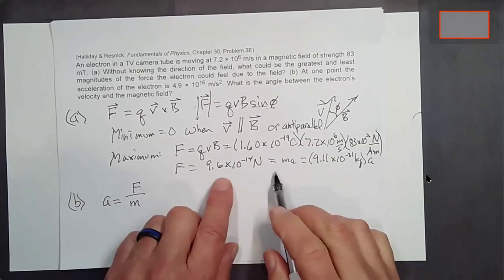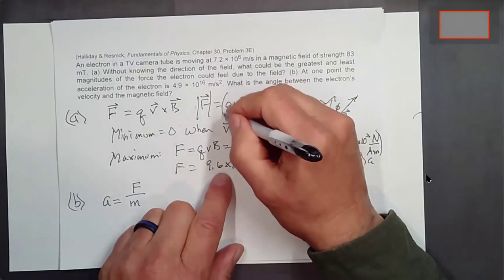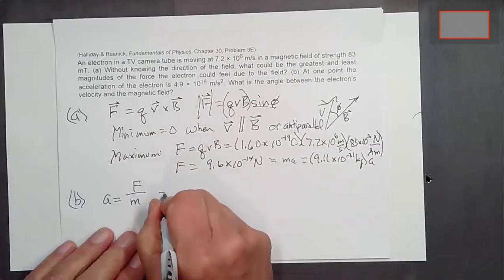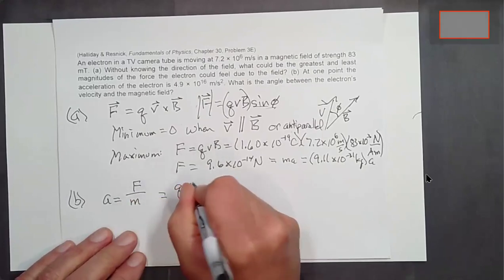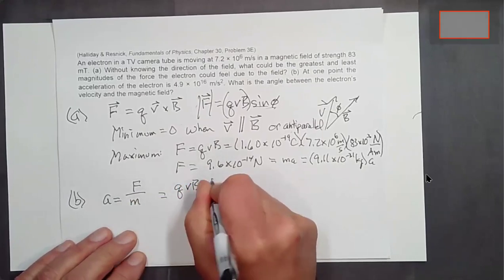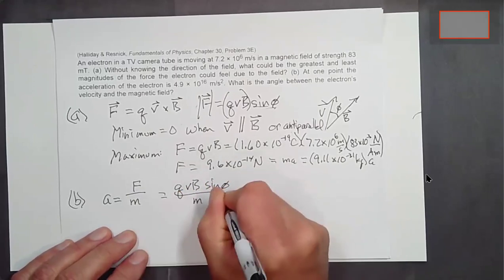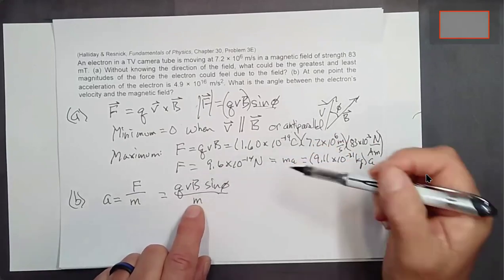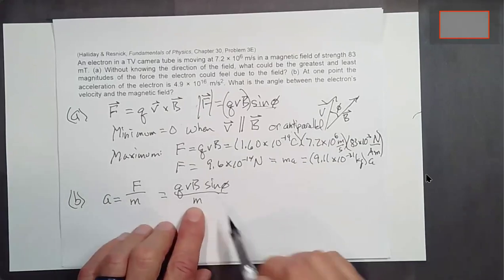We know the maximum force, but for an intermediate angle, that's just the QVB part. And so I could write this force on top as QVB sine of phi over the mass of the electron. Well, we know what QVB is because we just calculated that. We know the mass of the electron.